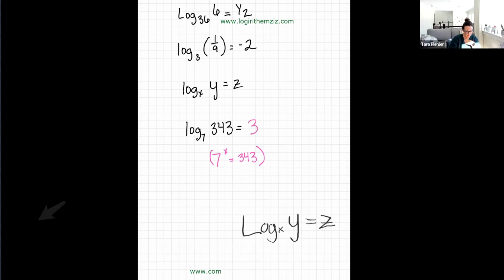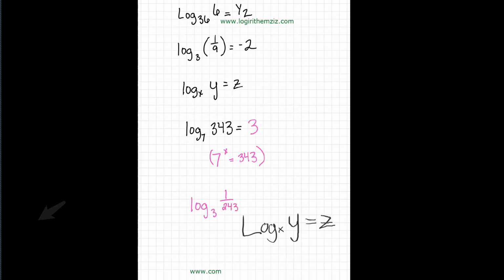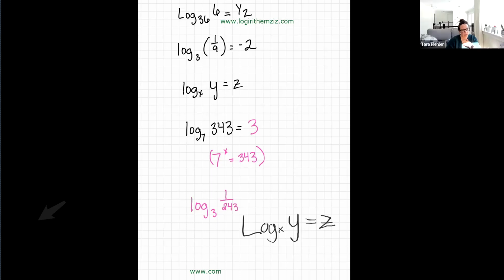All right. What if I did log base 3 of 1 over 243? So what would I have to raise 3 to in order to get 1 over 243? That 1 over 243 should indicate some sort of negative number. -3.